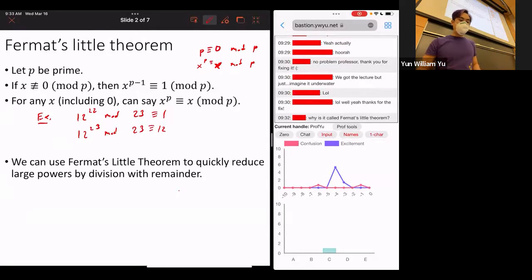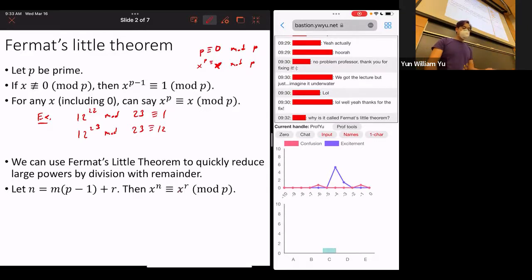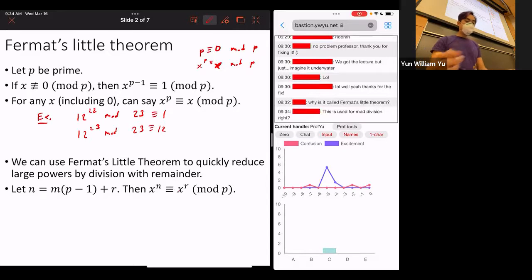We're just going to talk about how we can use Fermat's little theorem to quickly reduce large powers by division with remainder. So notice that if n divided by p minus 1 has a remainder of r, then x to the n is congruent to x to the r mod p. What do we mean by that? Take 14 to the 444 mod 23.